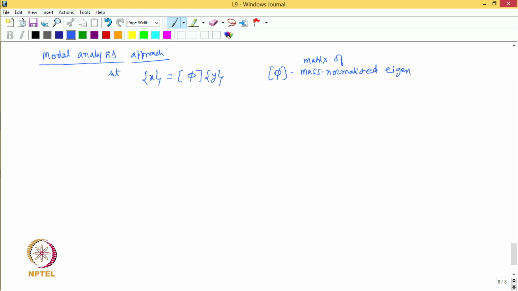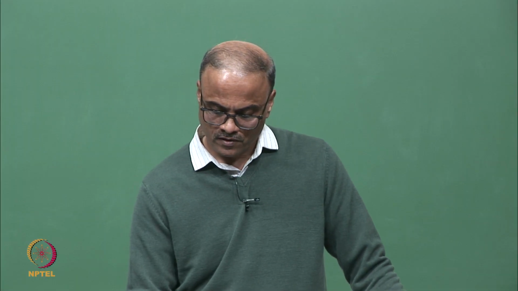These eigenvectors are the eigenvectors of the corresponding undamped model, because as we saw just now, they also form the eigenvectors of the system with proportional viscous damping.